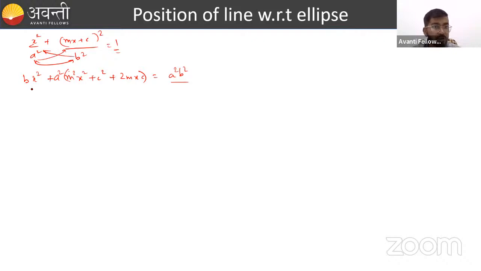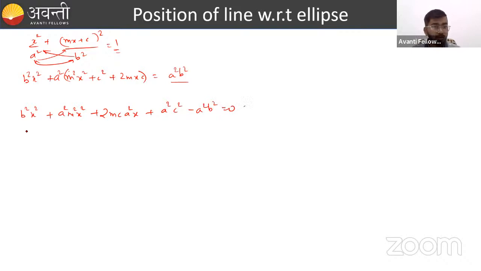So now it becomes b square x square plus a square m square x square plus 2mc a square into x plus a square c square minus a square b square equals 0.